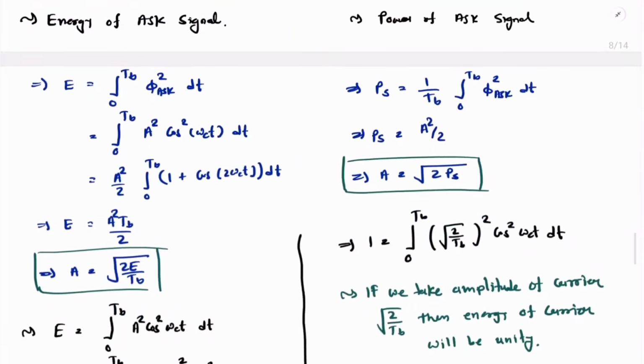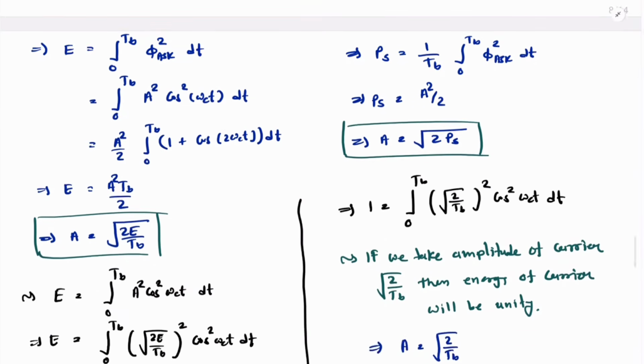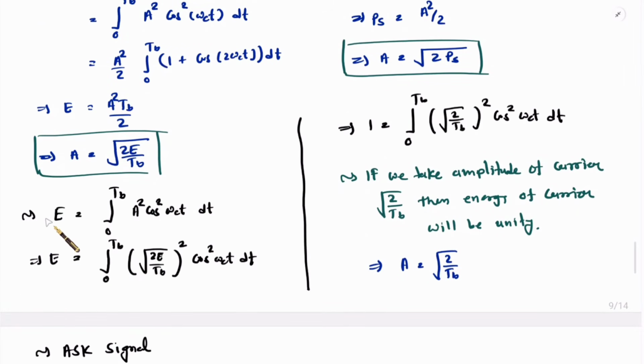So first of all, I have done the calculation of energy and power. After that, I considered the energy of the carrier only, and out of that the energy term got cancelled. So one can say unit energy is there with amplitude square root of 2 by TB, and that should be the amplitude of the carrier.